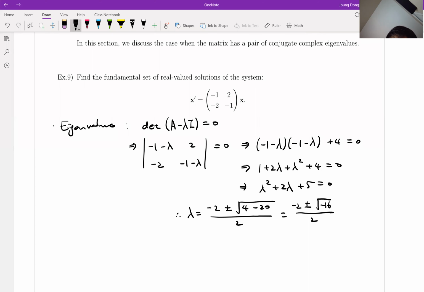Simplifying, negative 2 plus or minus 4i over 2. So your lambda is negative 1 plus or minus 2i. This is the complex number pair.